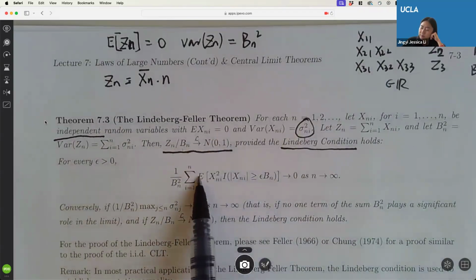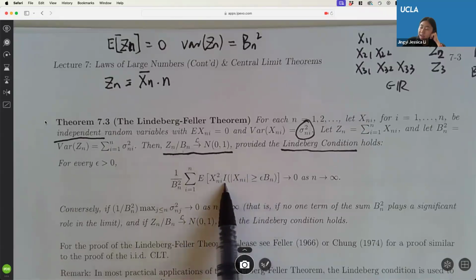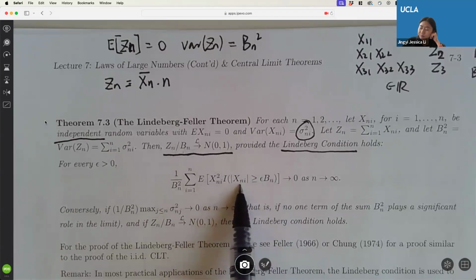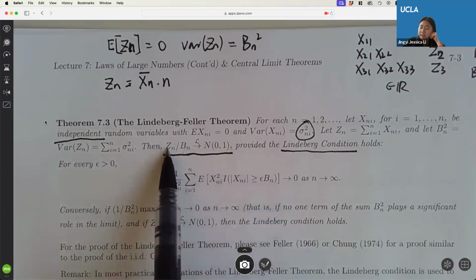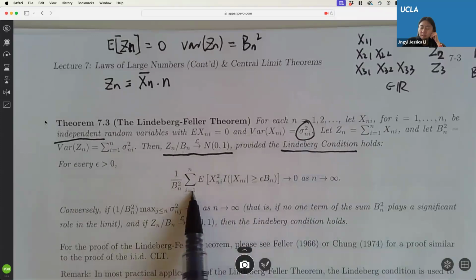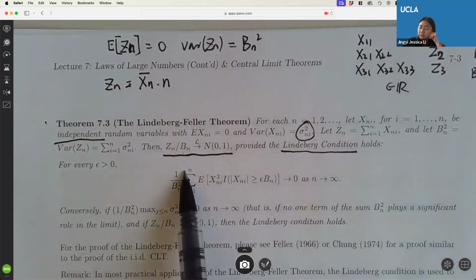So we're looking at the expectation of X_ni squared, but we're only looking at the large values. The indicator that the absolute value of X_ni is greater than some epsilon times the standard deviation. Standard deviation is the Zn standard deviation. And we take the sum across the i's within the nth row, i goes from 1 to n.